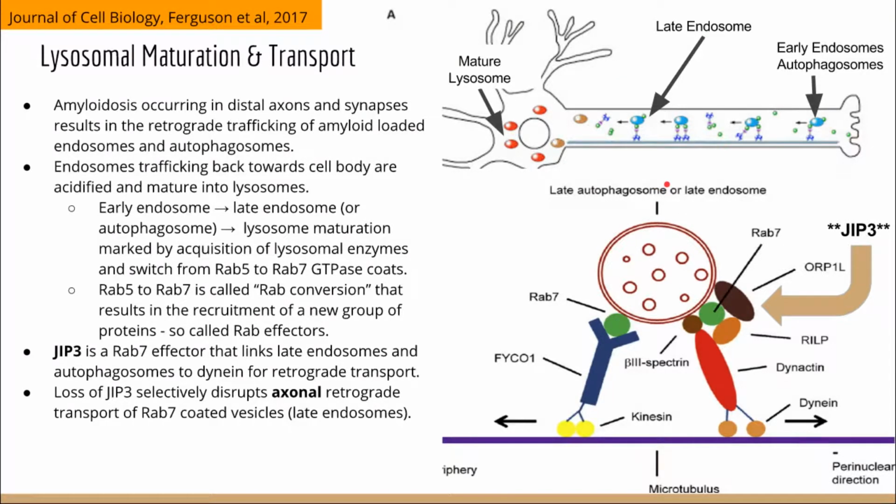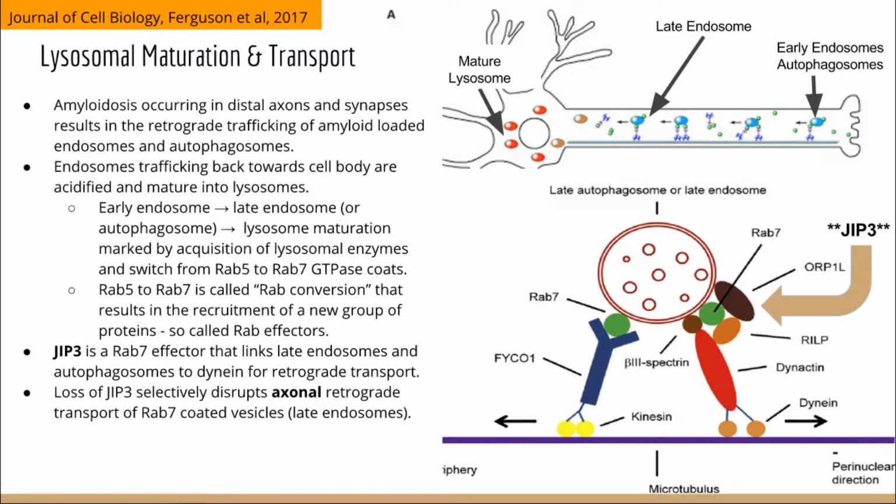The concept of Rab proteins is a very important concept, because Rab is essentially what determines the identity and the destination of any given vesicle inside of a cell. Rab proteins are simply GTPase-like proteins that, when loaded with GTP, will recruit various effectors that determine the functionality of that vesicle.